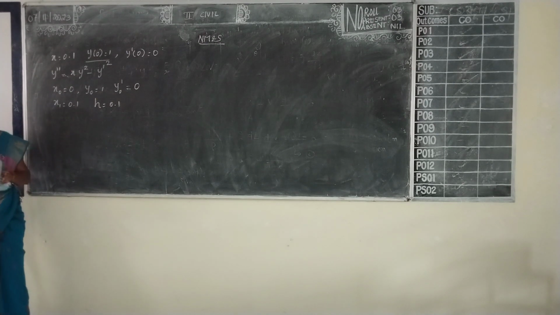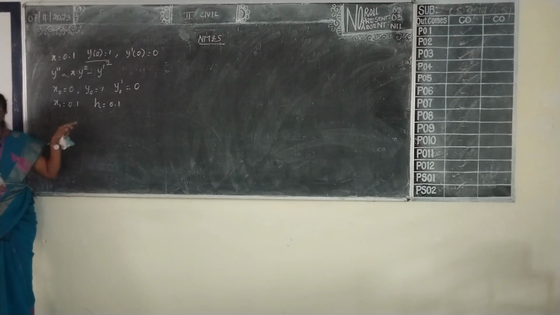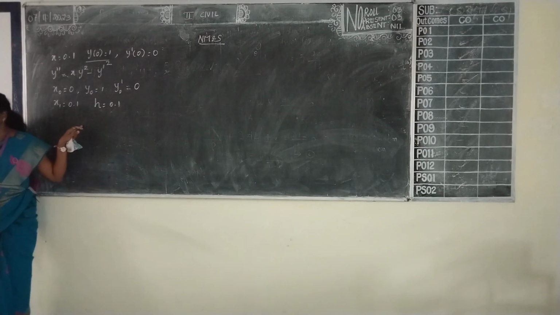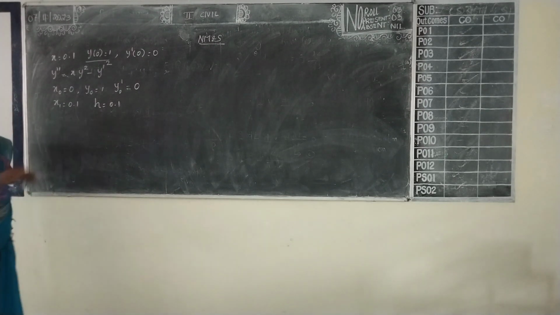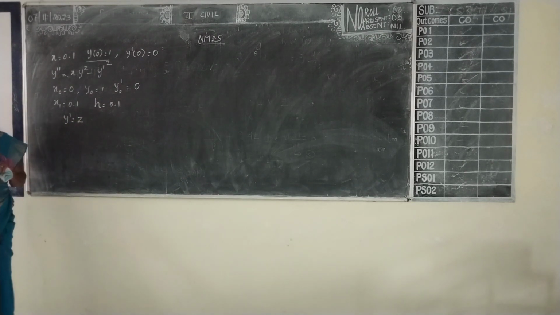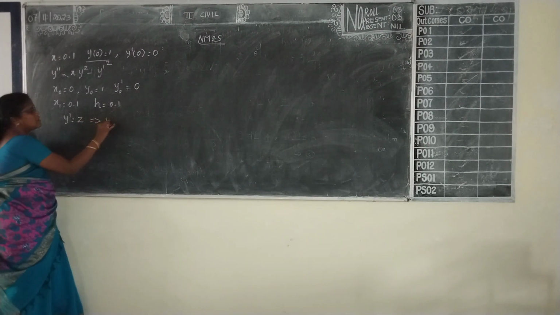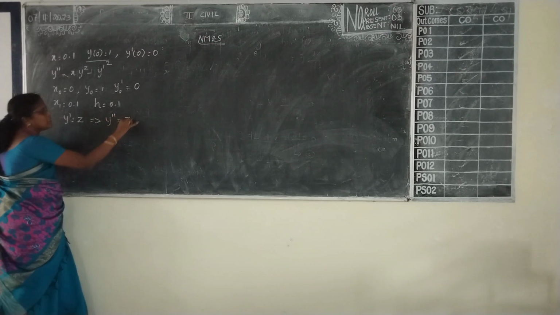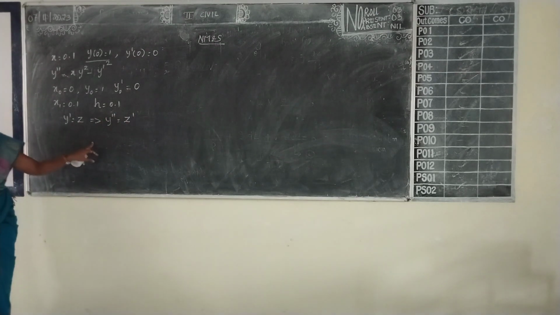Now what you are going to do is, since it is a second derivative, you are going to convert it into two first derivative equations. Shall we start? So let y dash equal to z. That implies y double dash equal to z dash, differentiating on both sides with respect to x.